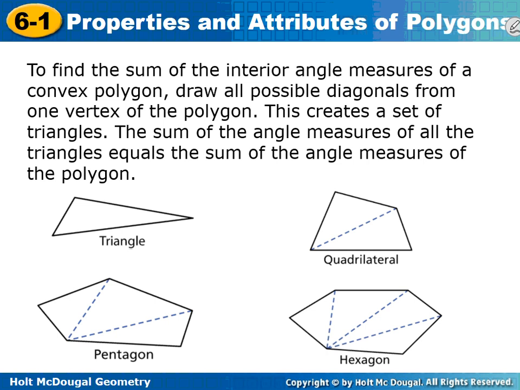So first of all, reviewing. We'll start with the triangle. That's what we talked about a lot last semester. If I have a triangle here, what kind of angle is angle 1? Interior or exterior? Interior. Angle 2 then is an exterior angle. What do we know about the sum of an interior and an exterior that are side by side?